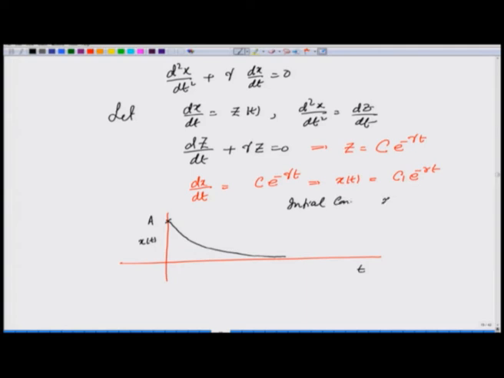If I take x of t at t equal to 0 to be equal to a, this is going to come down as a e raised to minus gamma t. You could actually solve this equation in more detail, but this is a general feature of what is going to happen in this case.